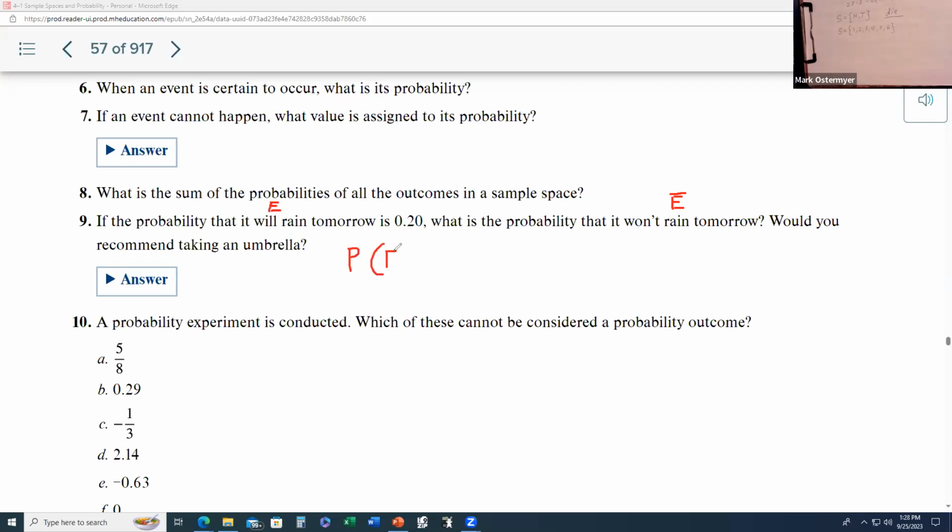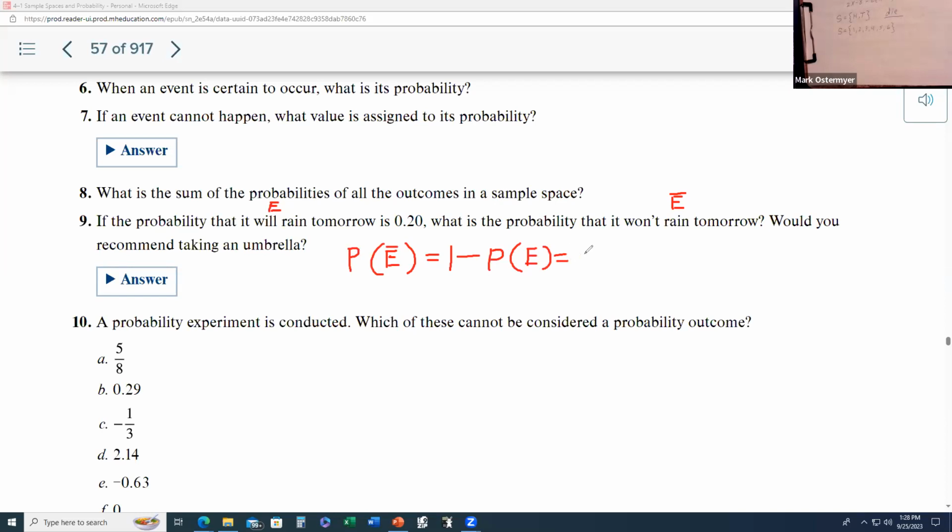This is symbolically how we represent this. The probability that it will not rain tomorrow is equal to what? You might remember the complementary probability rule we've seen. It's equal to 1 minus the probability of event E occurring.